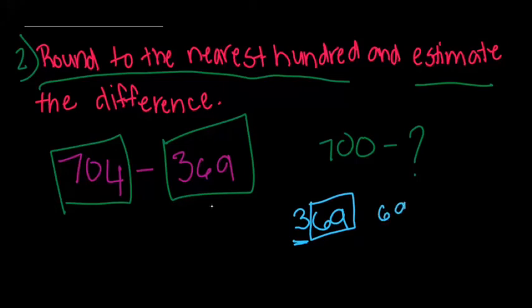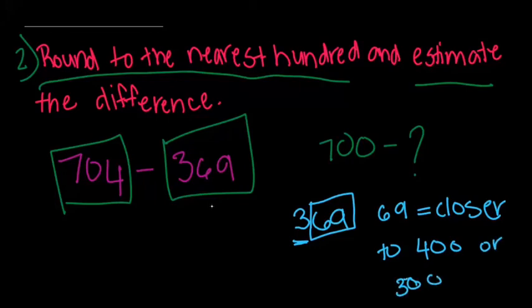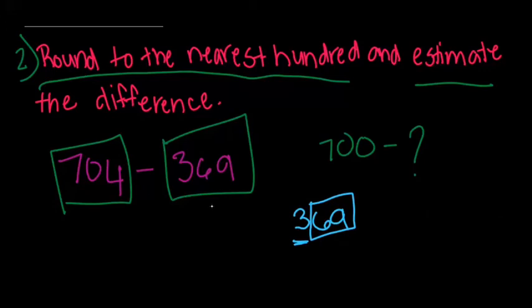Is 69 closer to 400 or 300? Well, 69 is closer to 400 than 300 because it's over 50. If it's 50 or over, it's closer to the number that's coming after.